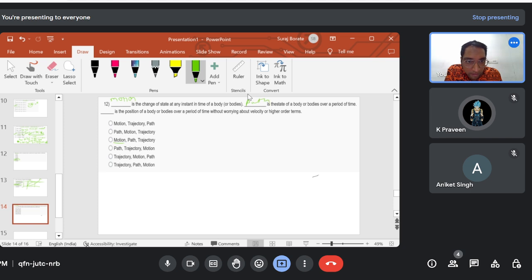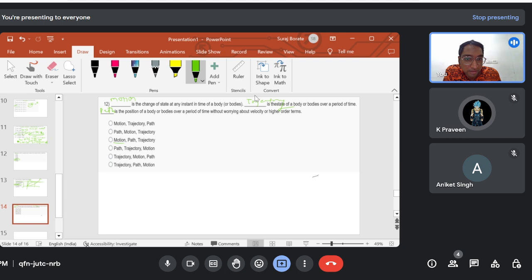Okay, sorry, this is trajectory. And the position of a body over time without worrying about... Yeah, so it's just wordplay.